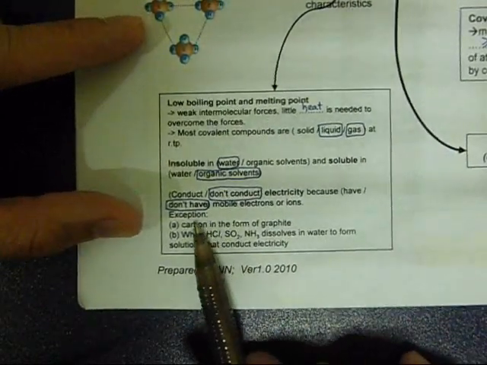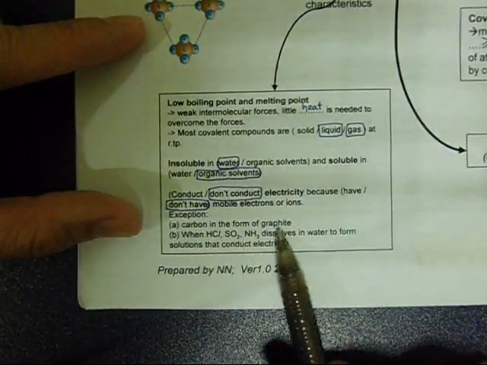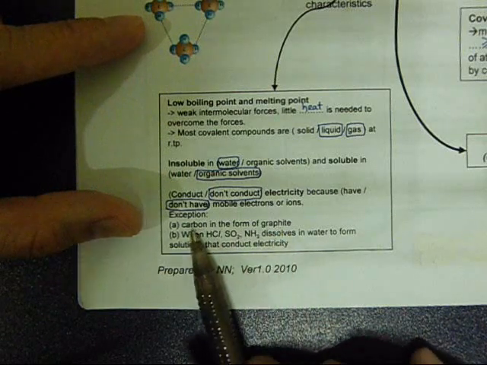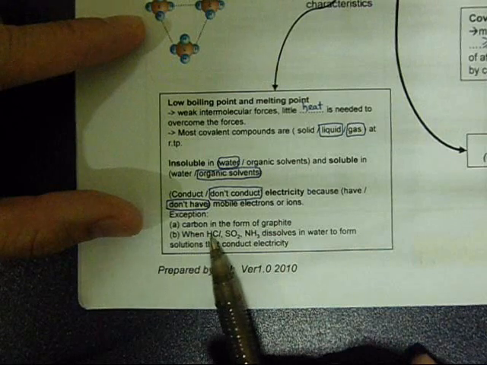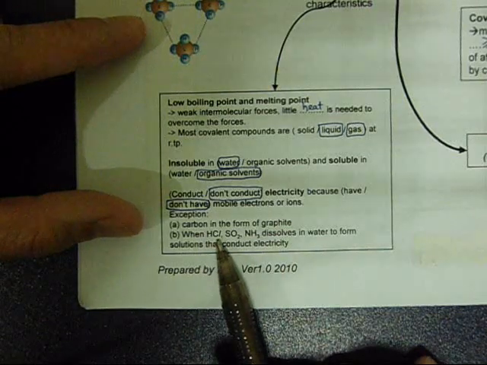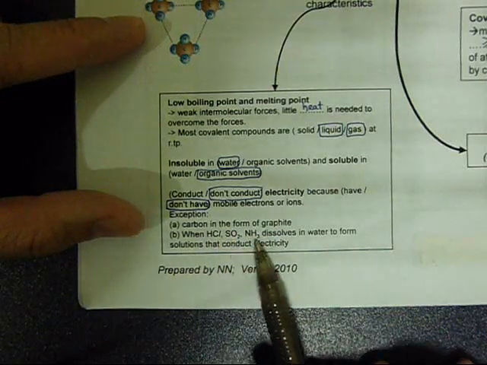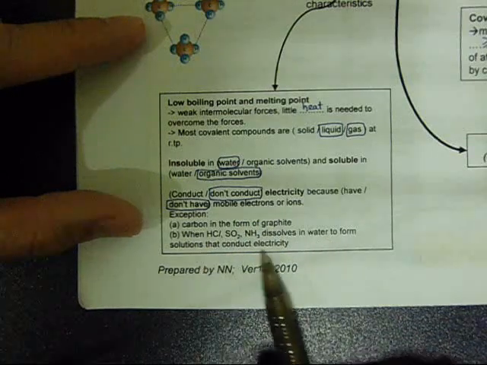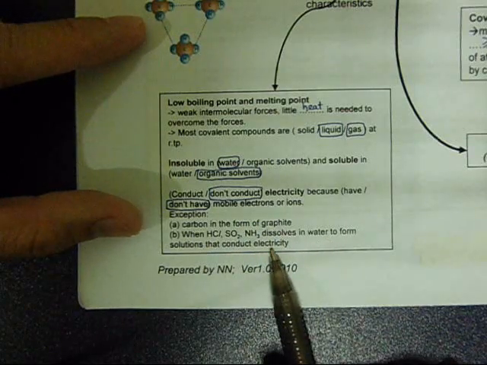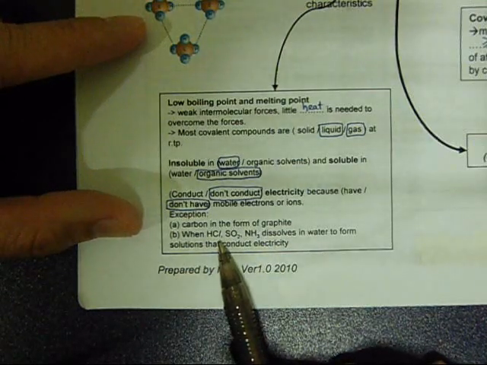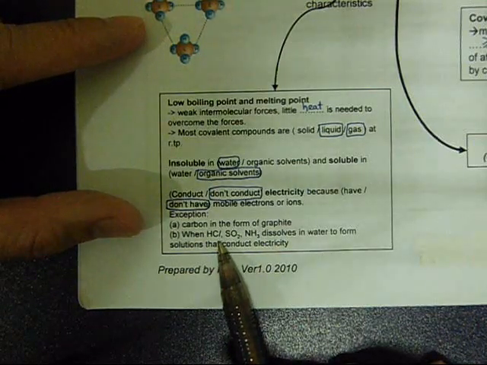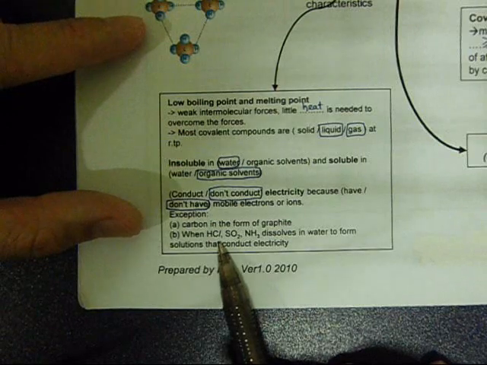The exceptions for this are carbon in the form of graphite, because graphite can conduct electricity. Also, when HCl, hydrogen chloride, sulfur dioxide, and ammonia dissolve in water, they form solutions that conduct electricity. When hydrogen chloride dissolves in water, it forms hydrochloric acid, which can conduct electricity.